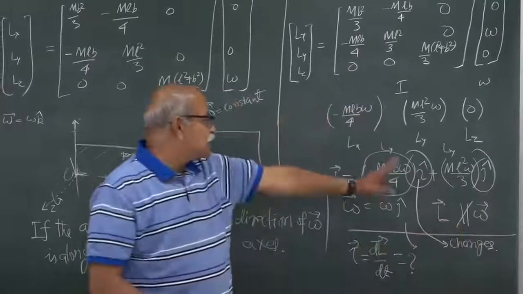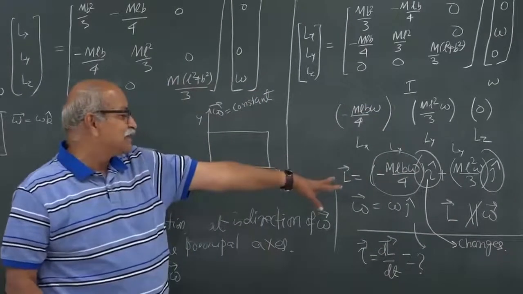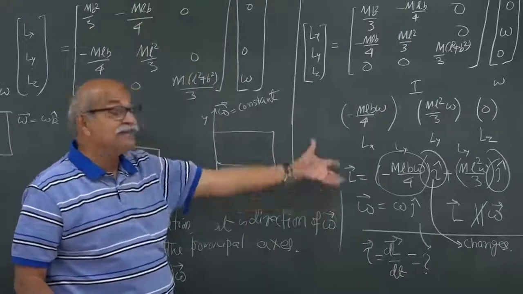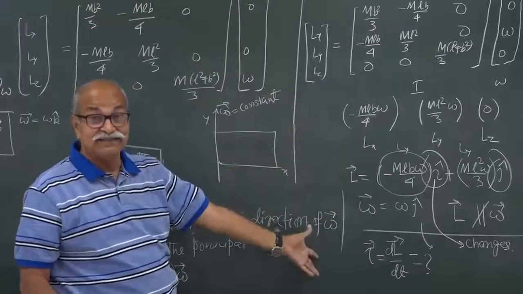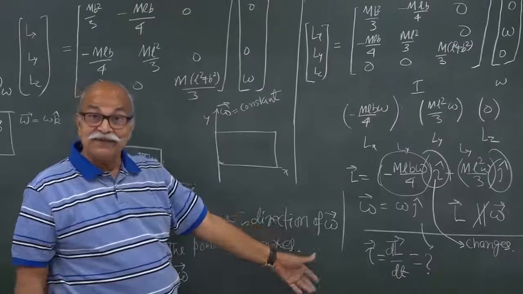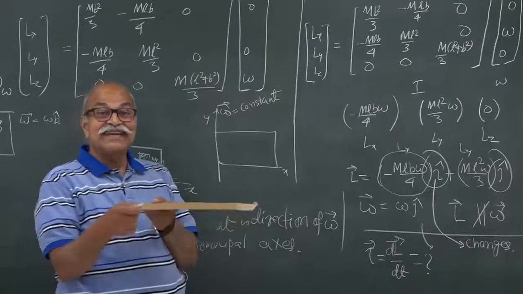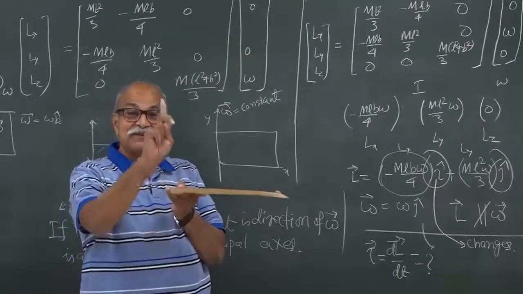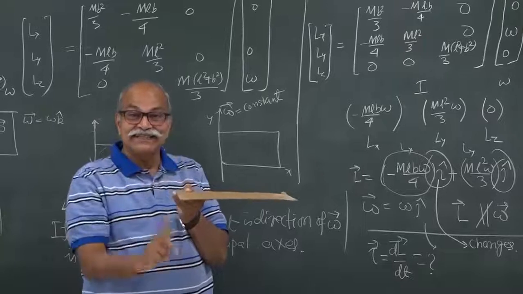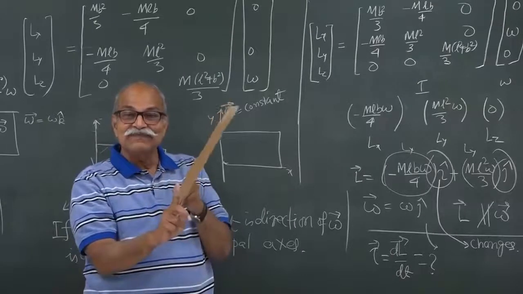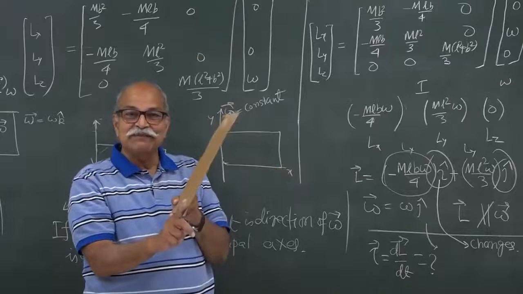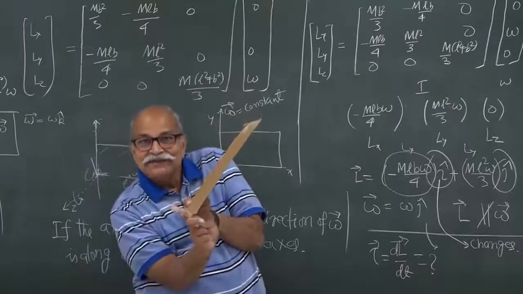So, although Lx is constant, Ly is constant, what we are using is a rotating frame of reference. K cap is also changing. Where is k cap? Perpendicular to the plate. This is z axis, and as it goes from this position to this position, z axis also tilts.